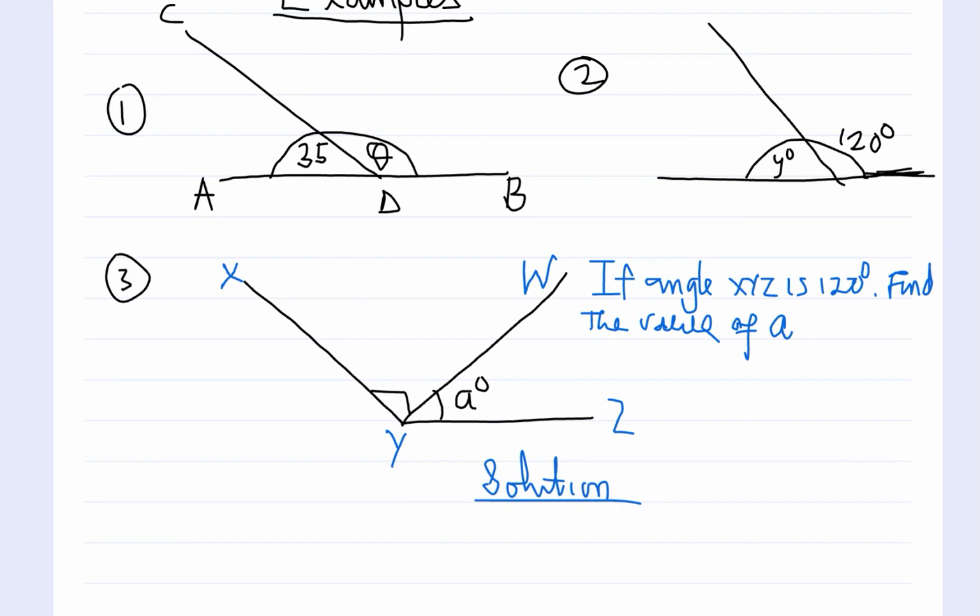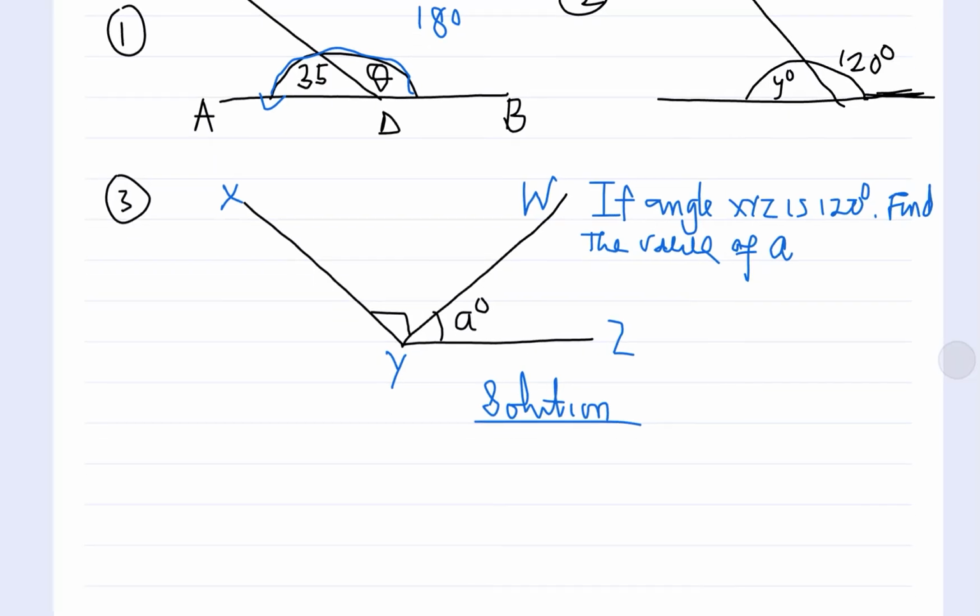Now, I told you that the sum of angles on a straight line is 180, right? So that means if you add 35 to theta, you should get 180. Are you seeing that now? So what you are just going to say is theta plus 35 is equal to 180.